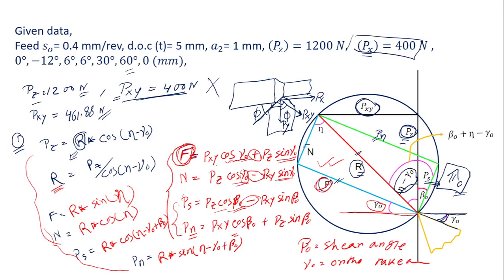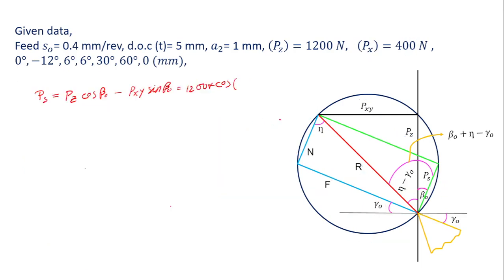If I follow this equation, then the friction angle eta is unknown for me, correct or not? Either if you want to solve by these equations, you have to find out eta, or if you want to solve by this equation, you have to find out beta naught. So let me first find out the beta naught.